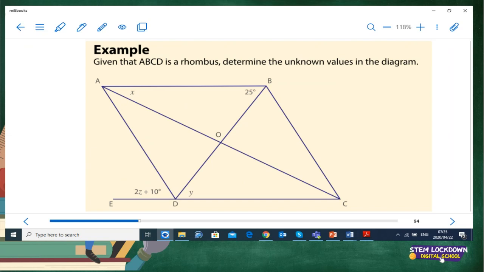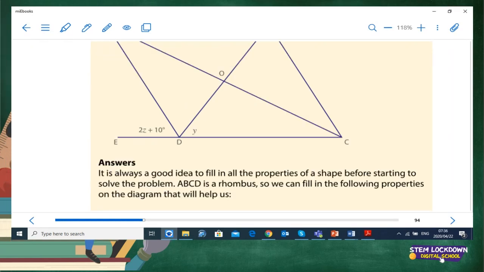So Y and the 25 degrees at B are alternate angles. So you already have the value of Y, which is 25 degrees, and all you need to do now is to solve for the other two angles. But if you look at Y and X, we will also come to that.